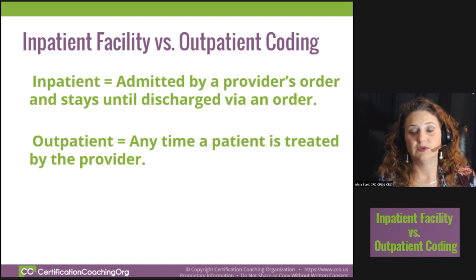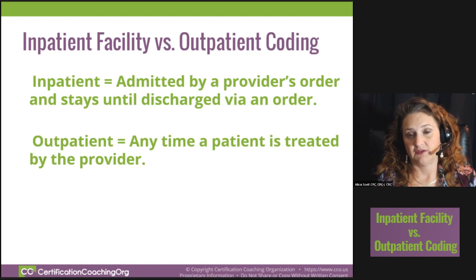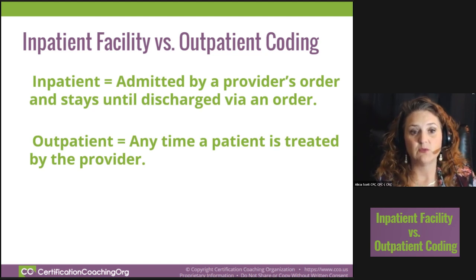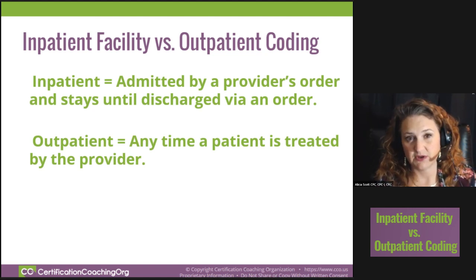You'll notice too, when you go to apply for jobs, say for Baylor Scott and White, if you're going to be a coder for them, you'll want to distinguish whether this is a facility position, facility coding, or outpatient coding.